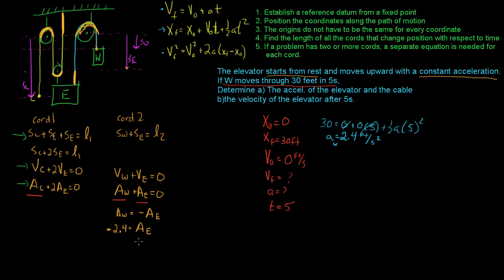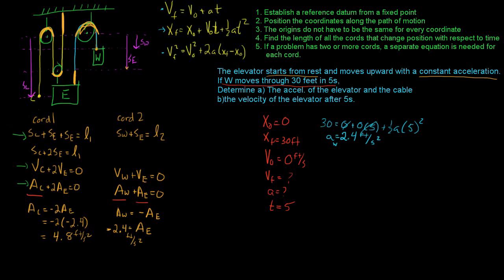And then we can figure out the acceleration of the cable right here, because the acceleration of the cable is equal to a minus 2 times the acceleration of the elevator. And this is equal to minus 2 times minus 2.4. And this is equal to 4.8 feet per second squared. And this is minus 2.4 feet per second squared.